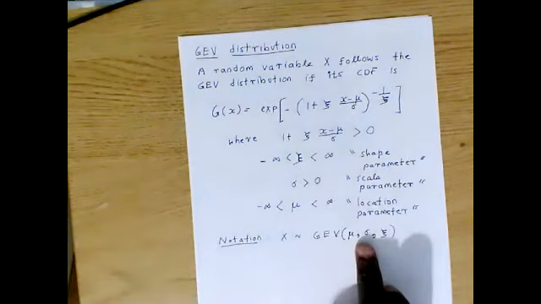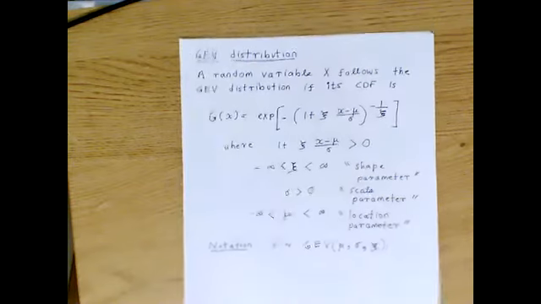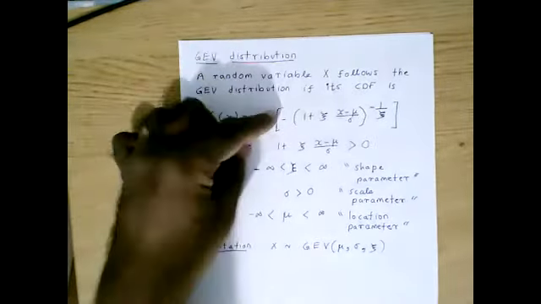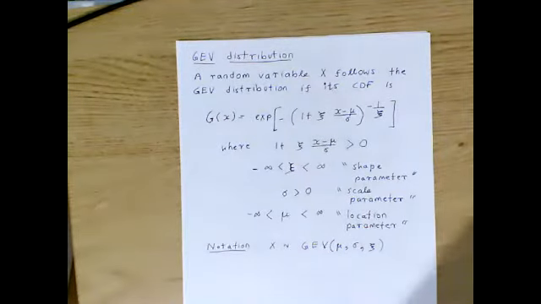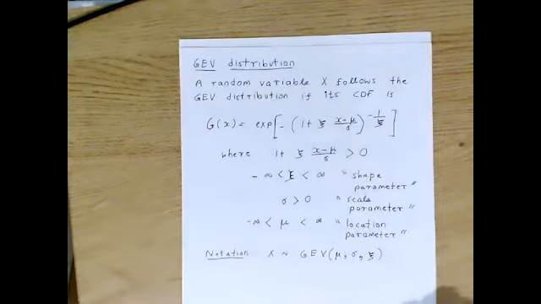And this is the notation for a GEV distribution, right? So basically this formula here combines the three limits, the Gumbel, the Frechet, and the Weibull into one mathematical form, right?